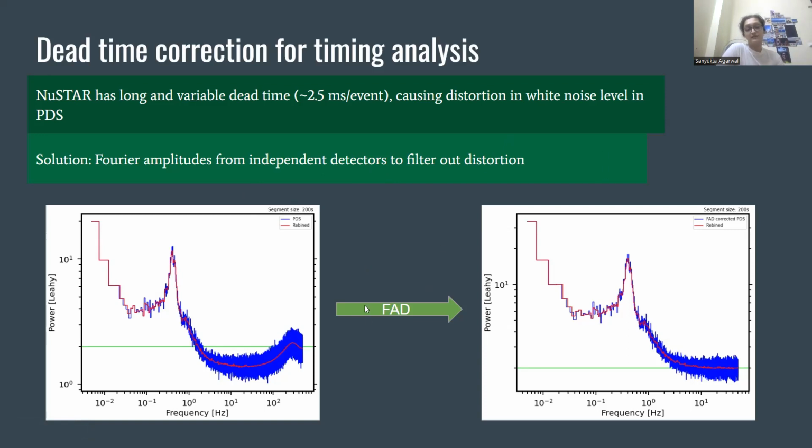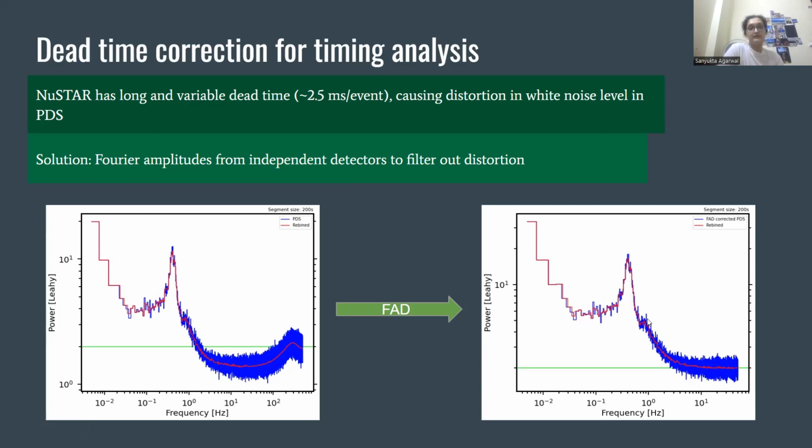After the FAD correction, we find this very normal, expected white noise level on my right hand side. The peaks we can see here are the QPO peaks. These peaks correspond to the frequency at which our QPO is found. And the small bumps you can see around 1 Hertz are called subharmonics.